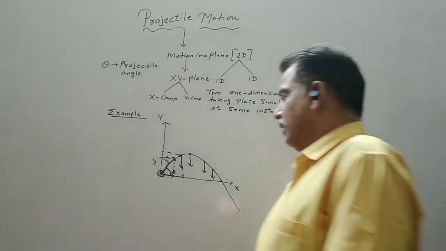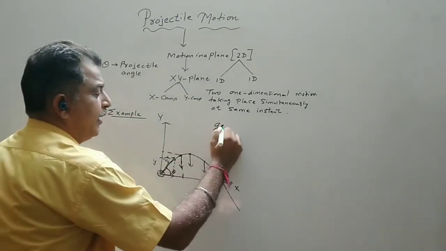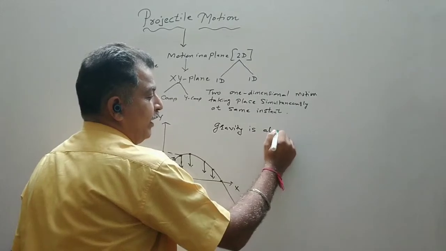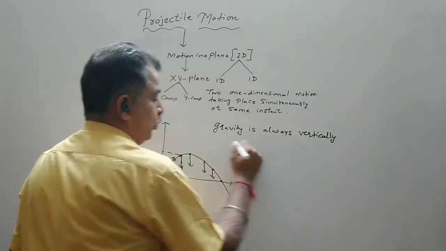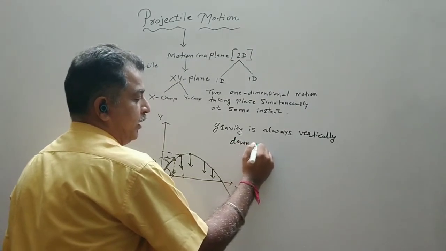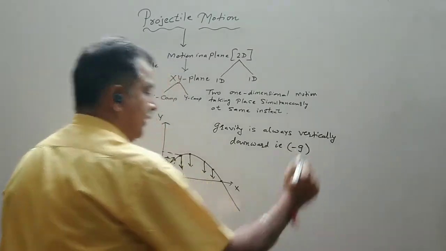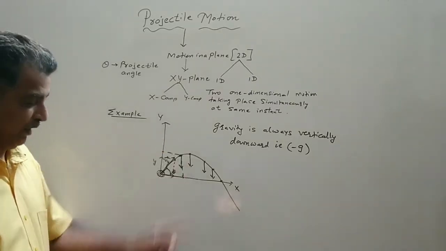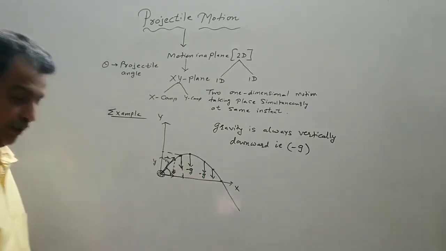It means the gravity in this motion is always vertically downward. That is minus g. At each instant we will take gravity to be minus g, because when the football is kicked, it is moving against gravity. So the minus sign indicates the opposite direction.